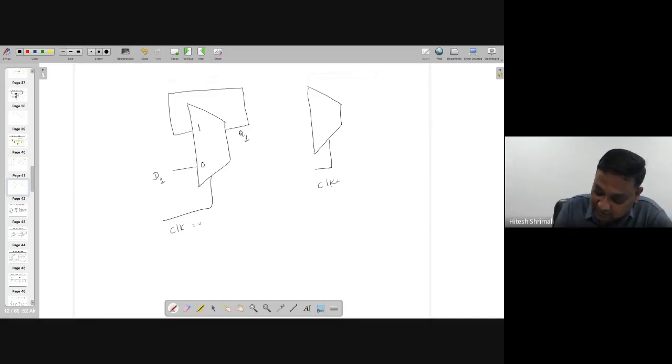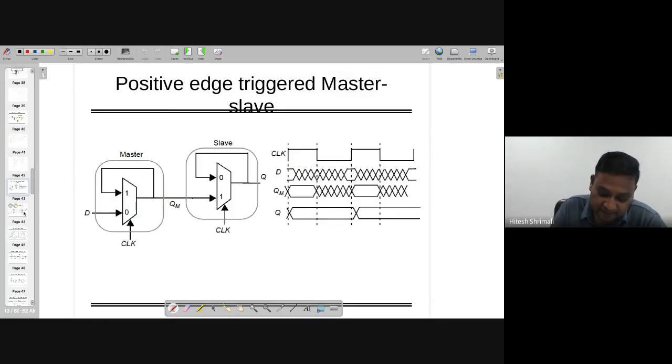In other case, which is positive edge, when clock equal to 1, I want that D should be connected at the output, and when it's 0, it's like this. If I connect both of them as kept over here, so in that case, the output of negative latch is given as input to the positive latch.